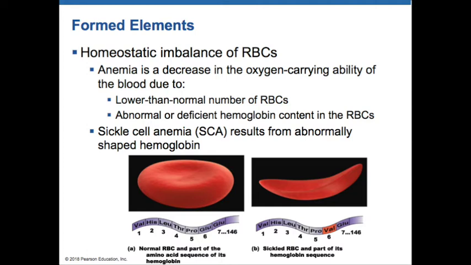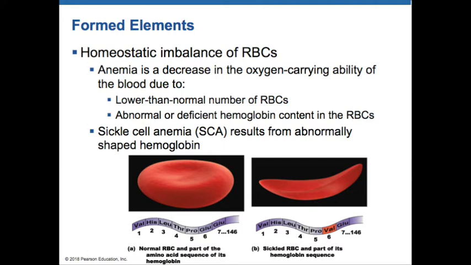If you do not have enough red blood cells, you're not going to have enough hemoglobin proteins. If you do not have enough hemoglobin proteins, you're not going to be carrying enough oxygen. If you do not have enough oxygen, your cells and your tissues are not going to receive the proper levels of oxygen, which means that they're not going to be capable of functioning properly.